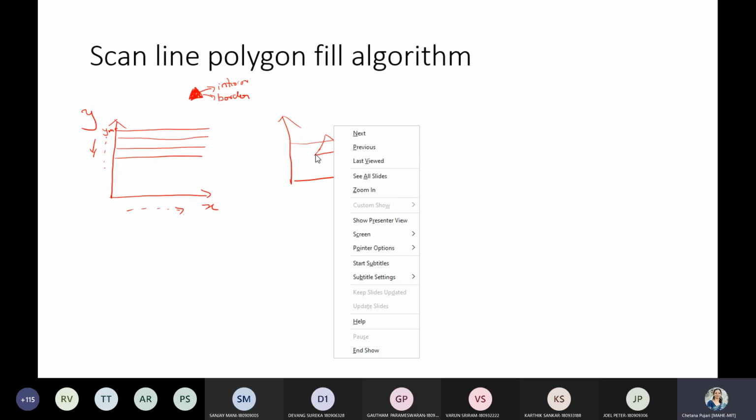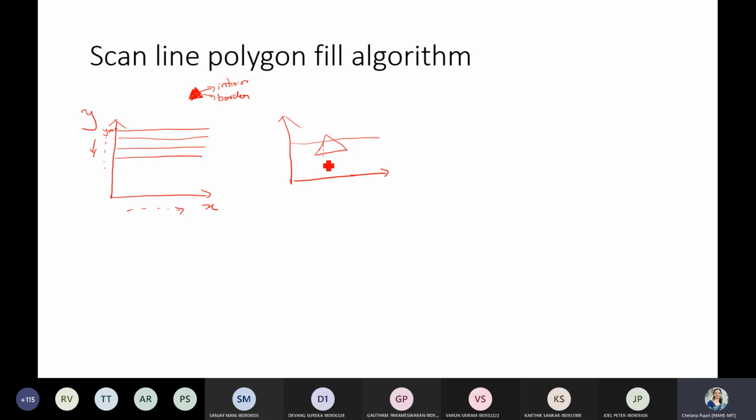So we identified 2 points. Let's say for a given value of y, you know the y value because that's your scan line value, and this is the point where it is intersected. Let's say it is intersected at 2 and 8.